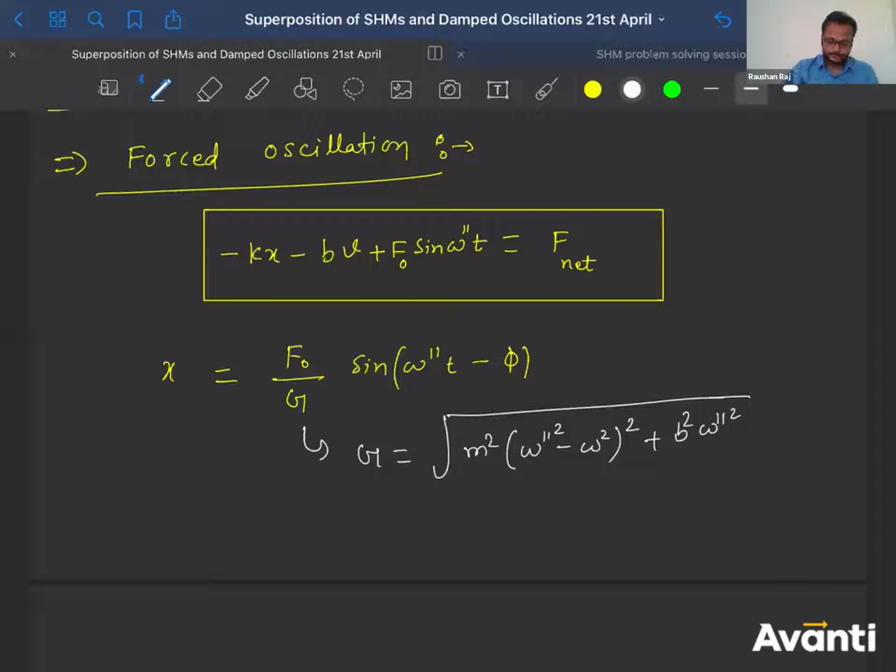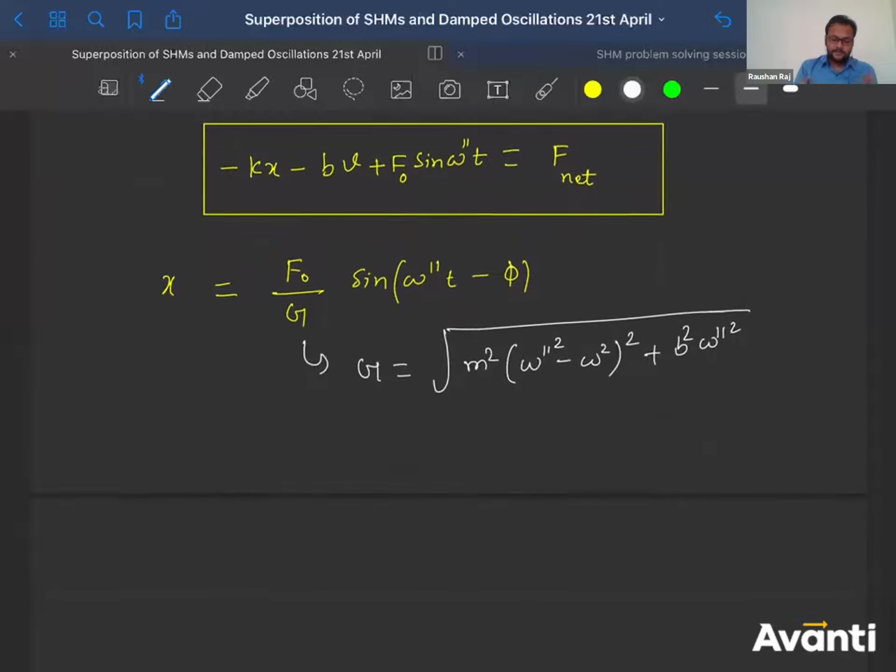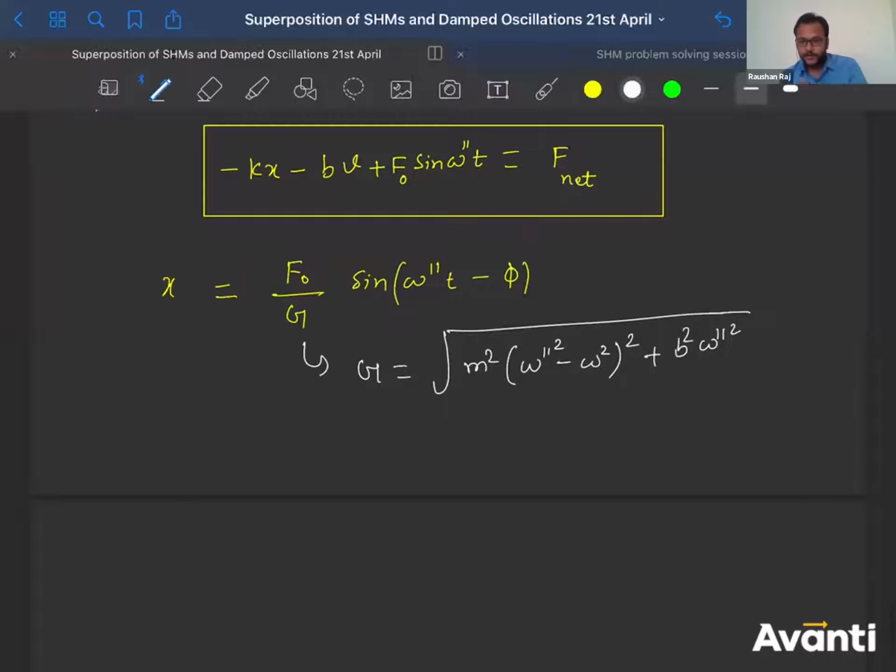Now here we have to analyze something which is relevant to us. If I ask you what is the amplitude of the oscillator here, can I say the amplitude will be equal to f naught divided by capital G, right?